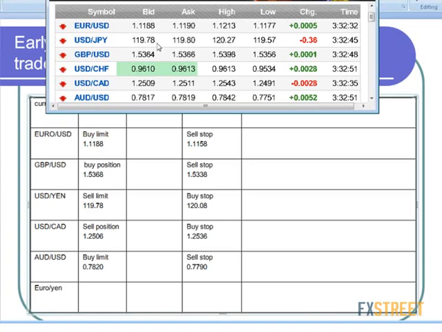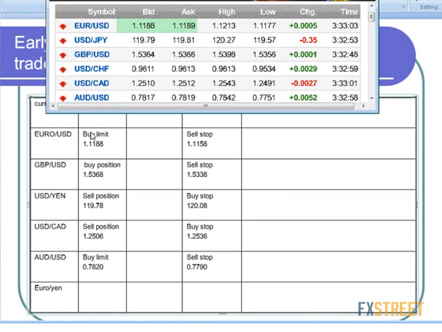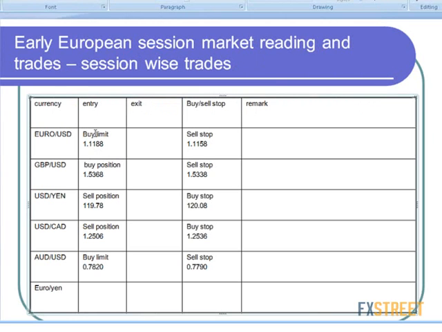Now, yen is also filled. Okay, euro is also filled.